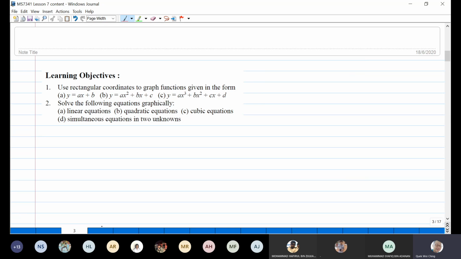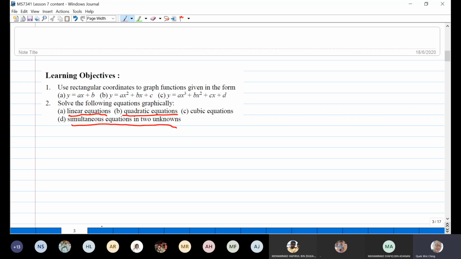Okay, the learning objective for this portion of the lesson is to try to understand the graph of certain shape, certain equation, mainly the straight line, linear equation, quadratic equation, and then simultaneous equation. So these are the things you're going to focus on.